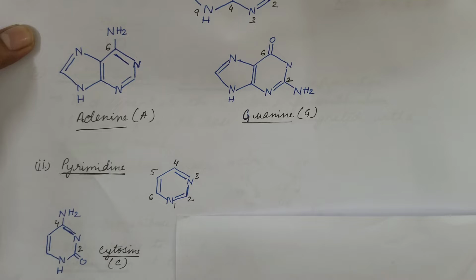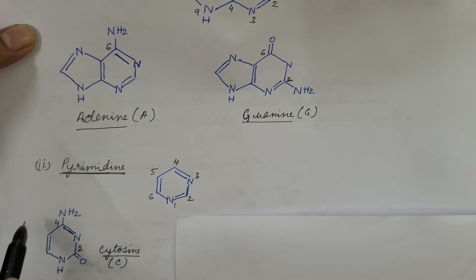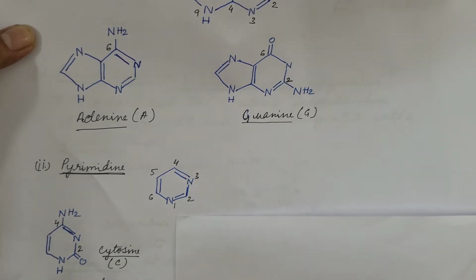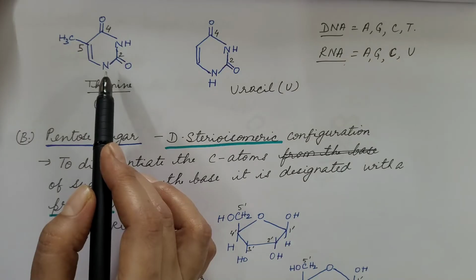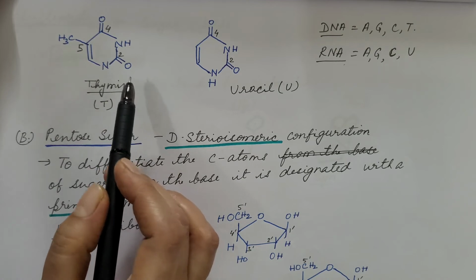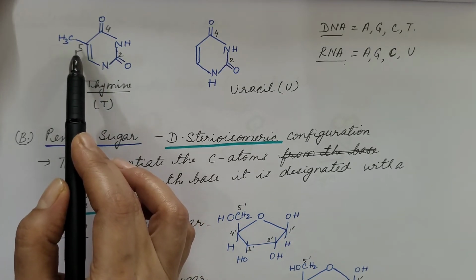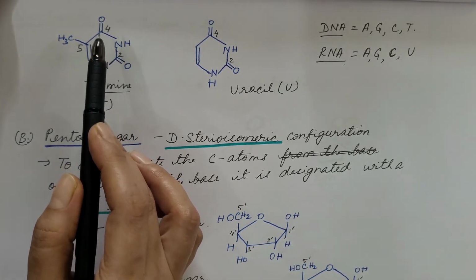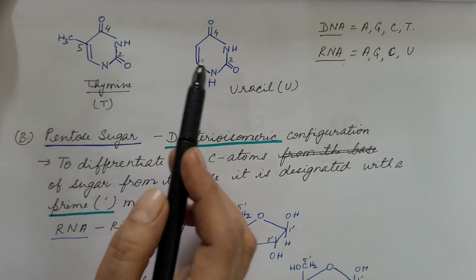There are three types of pyrimidine: cytosine, thymine and uracil. This is the structure of cytosine. Its chemical name is 2-oxy-4-amino-pyrimidine. This is the structure of thymine. Its chemical name is 5-methyl-2,4-dioxypyrimidine.